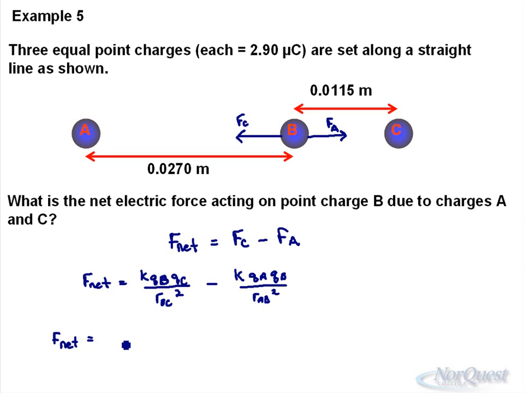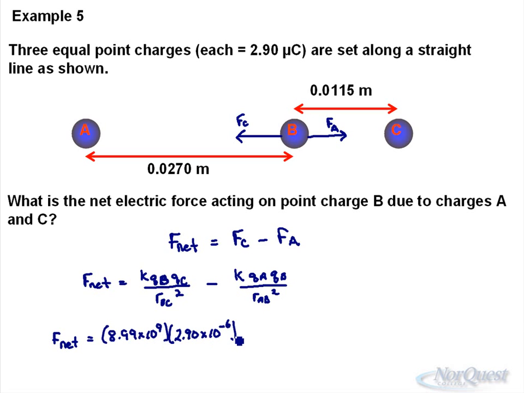So I'm going to put in 8.99 times 10 to the 9, the charge on B, 2.90 times 10 to the negative 6.